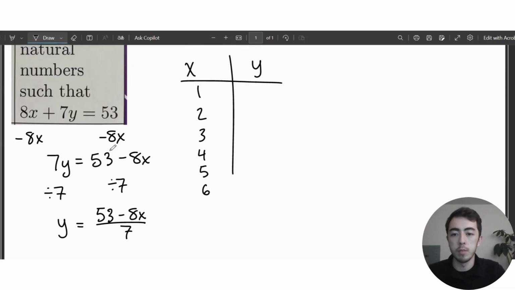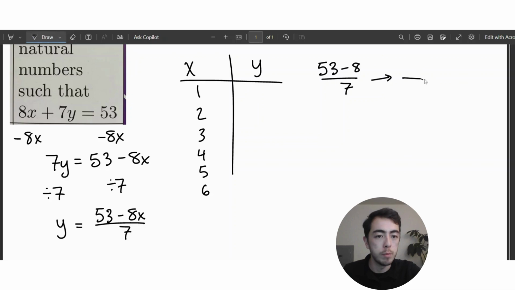So if I pretend that x is 1, then I'll get 53 minus 8 times 1, that's just 8, and divide that by 7. 53 minus 8 on top gives me a 45, and then there's a 7 on the bottom. And I think it would be pretty helpful to write out some multiples of 7 real quick. And so I'm going to go up until I reach around 45.